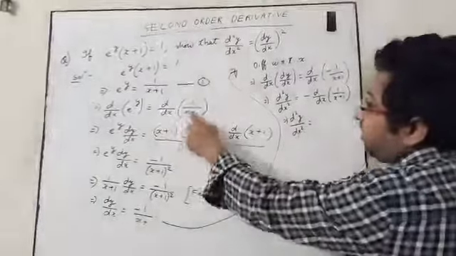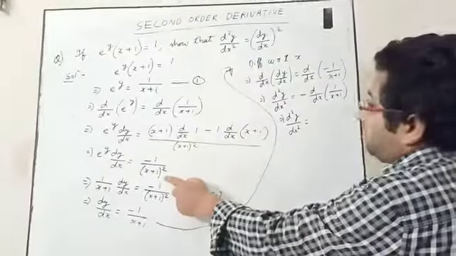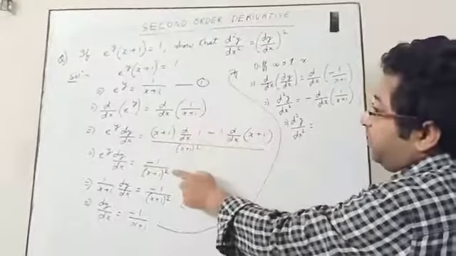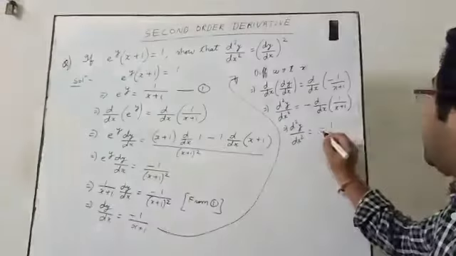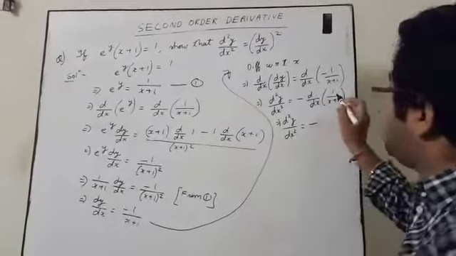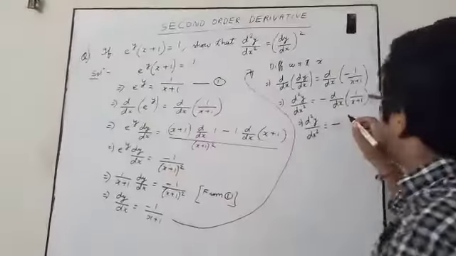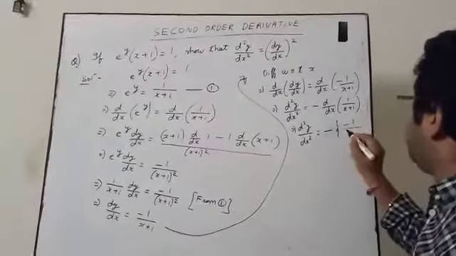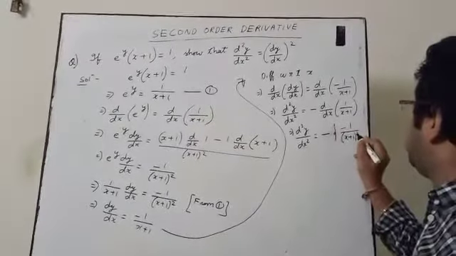Just now you got d/dx of 1 by (x plus 1), which is minus 1 by (x plus 1) whole square. So minus d/dx of 1 by (x plus 1) gives minus times minus 1 by (x plus 1) whole square.